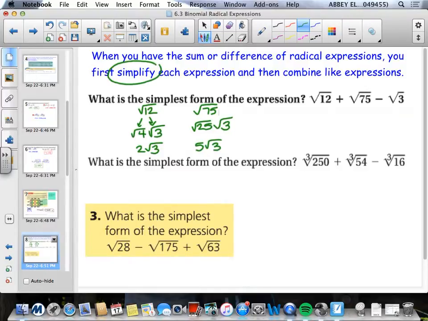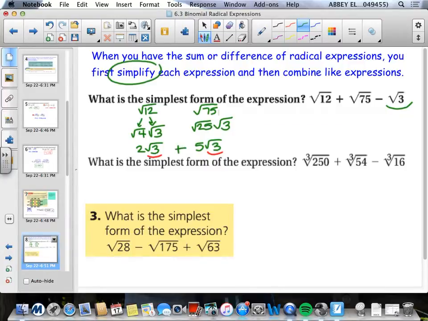And I can see here that I'm starting to get a trend. Ooh, square root of 3, square root of 3. So if I'm going to add all of these up, I should probably have the exact same radicand. And then can I simplify the radical 3 any further? I don't think so. It's already simplified down.